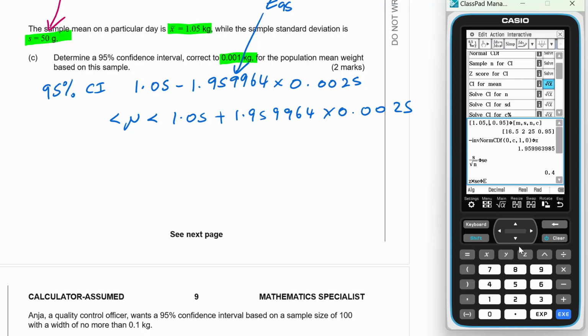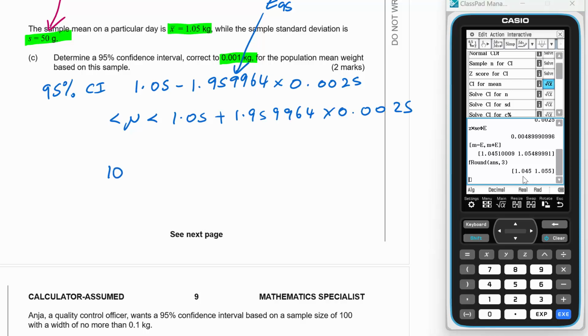So that is the 0.05, because the very next parameter is the n value. And we know that our sample was 400. And we're doing 0.95, so that should actually do it if we just execute. And that gives us 1.045 and 1.055.